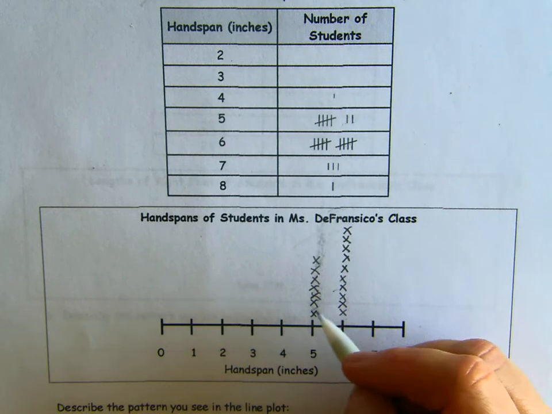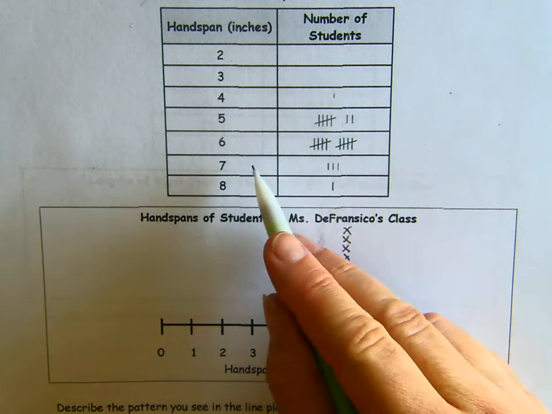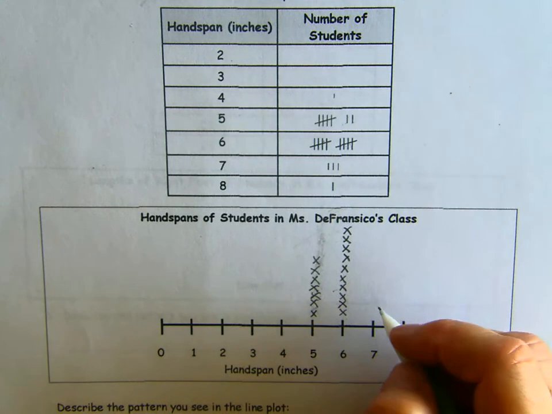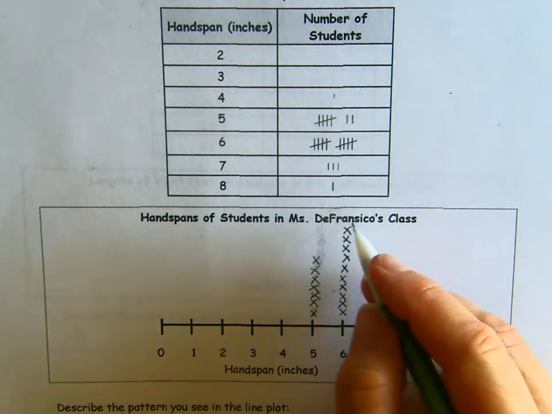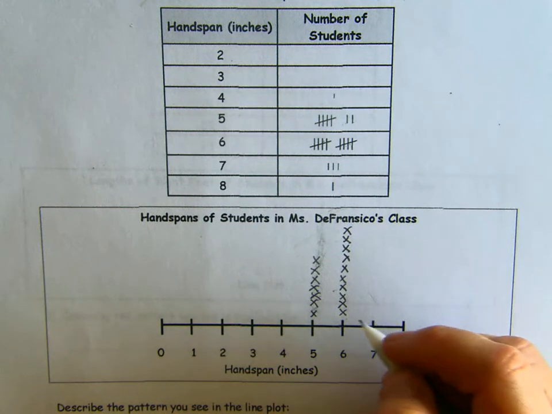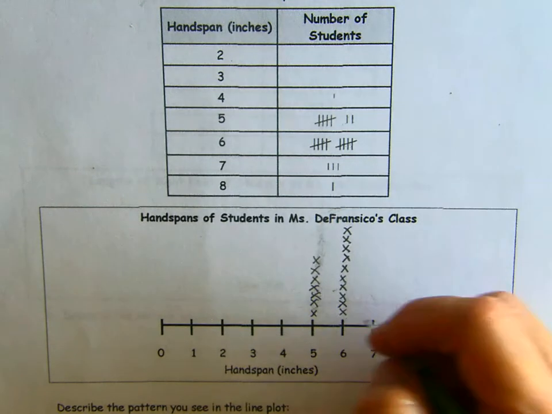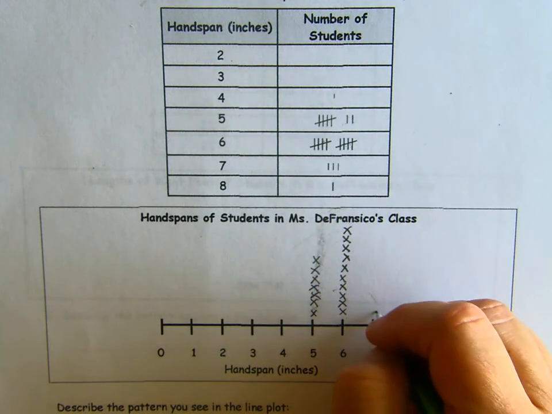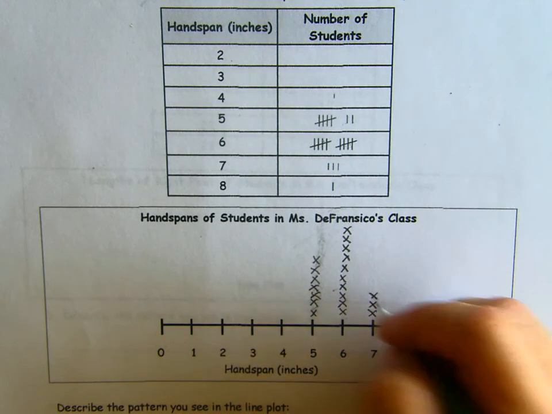So I want to be able to see without counting that this is more than this. So I'm trying to line them up because if I make my X's much bigger, for instance, on number 7, I've only got 3. So if I made really big X's, it would look like it was almost the same as this, and we don't want that. So even though I've only got to fit 3 for 7 inches, I'm going to make them about the same size as 6 inches. 1, 2, 3.